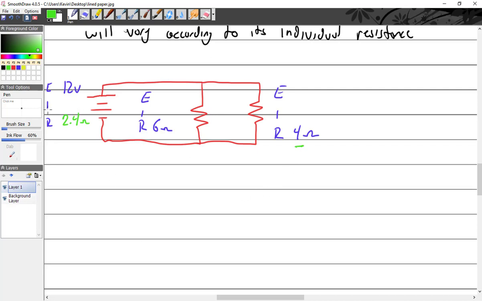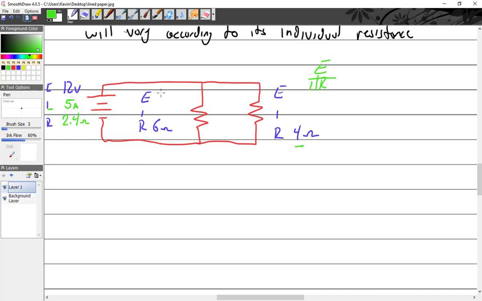Now I can find the current, and we just use Ohm's law, E, I, and R. I want to find I, so it's E divided by R, so 12 divided by 2.4 equals 5 amps. Do I have 5 amps here and 5 amps here? No, not at all.